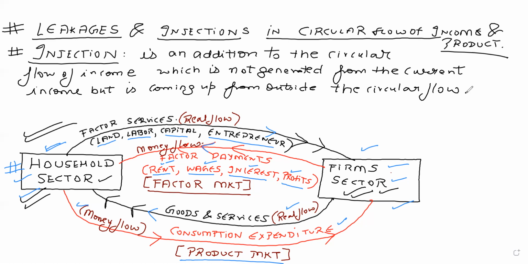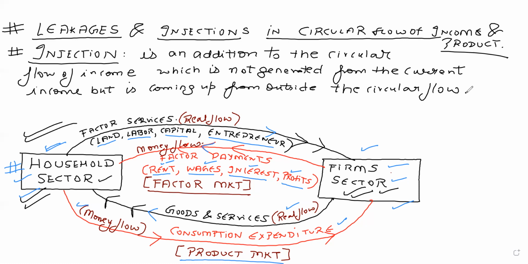So first of all, let's talk about it in layman terms. What is injection? The dictionary meaning: when you are injecting something, it means you are adding some foreign body into the domestic system. If I apply this concept to economics and particularly to circular flow of income, injection means you are injecting additional income to the current flow of income.